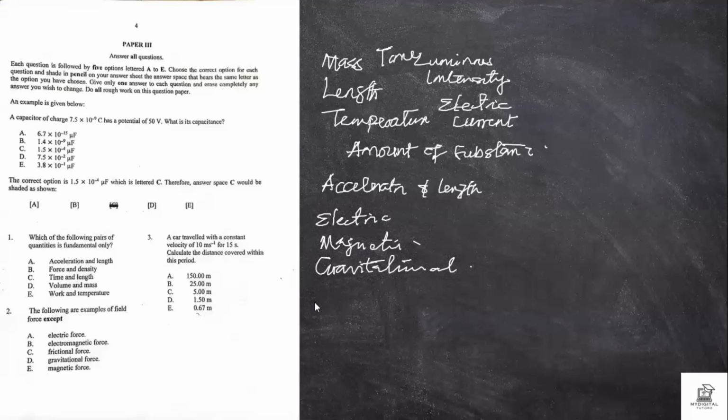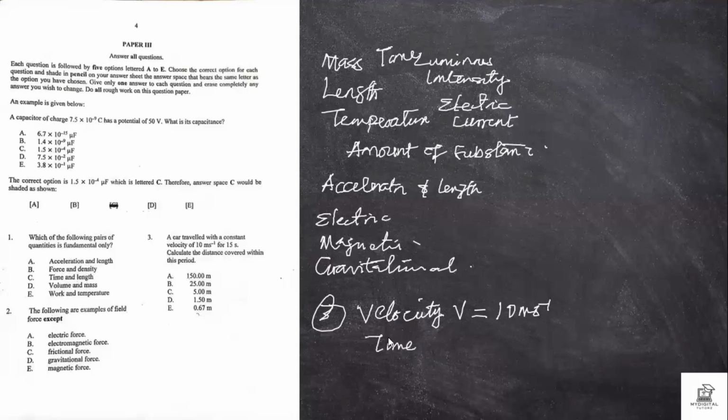Question 3 is a calculation. A car travels with a constant velocity of 10 meters per second. So velocity, let's say V, is 10 meters per second for 15 seconds.